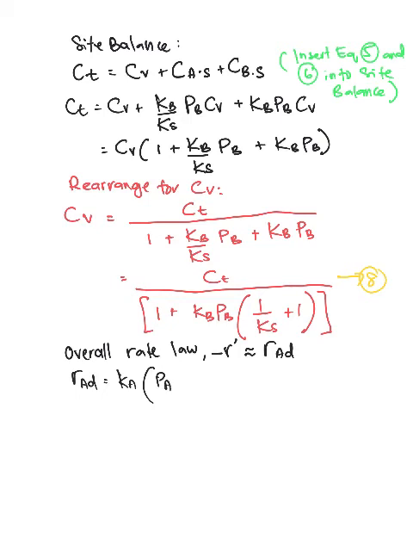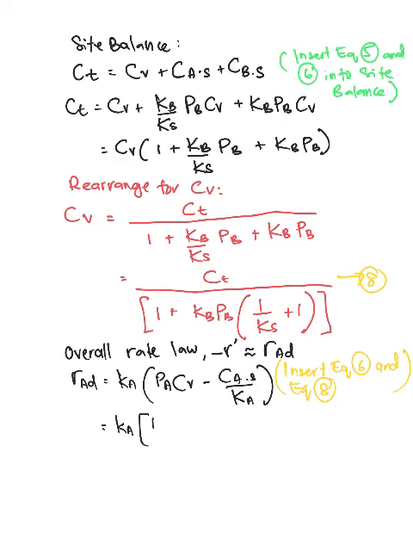So we write it back: Ka Pa Cv minus Ca·S per Ka. Insert equation 6 and equation 8 into the r_AD equation. We insert one by one.